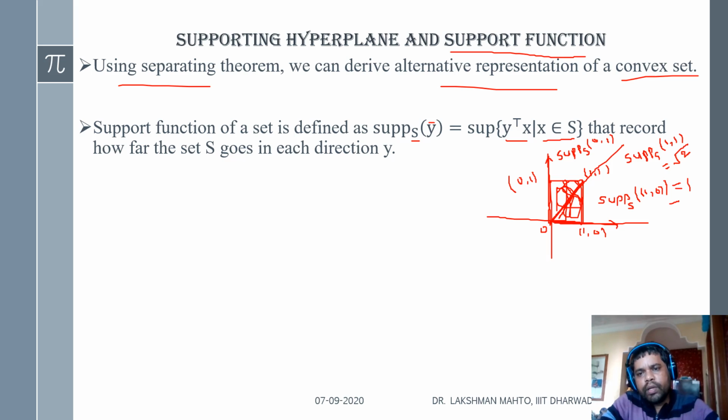What would that be? If you project this point, it will come here. If you project this point, it will come here. So the support in the direction of 0 1 will again be 1.